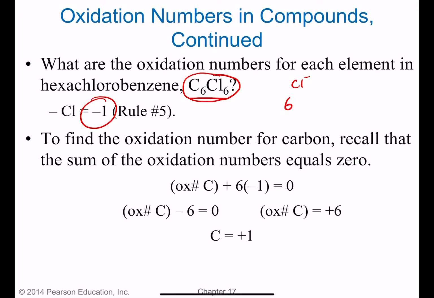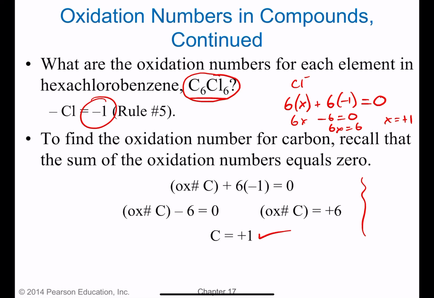I've got 6 carbons, and I'll use X to represent the unknown oxidation number, and 6 chlorines where each one is -1. Since this is a neutral compound, it equals 0. So 6x minus 6 equals 0, 6x equals 6, which means x is +1. That's the same conclusion they got here, they just wrote it a little bit differently.